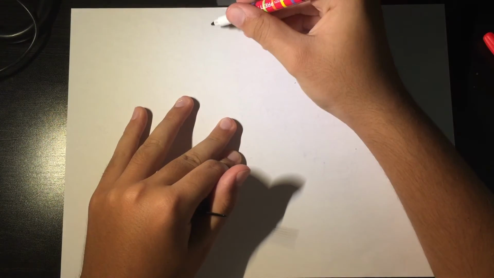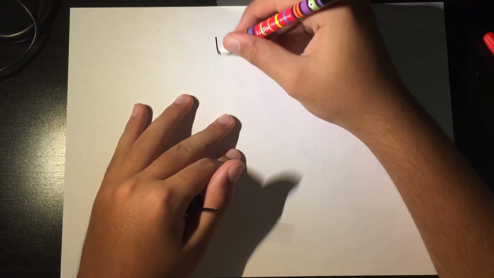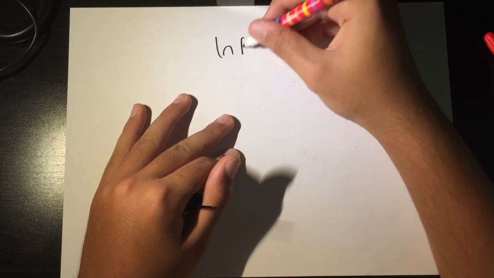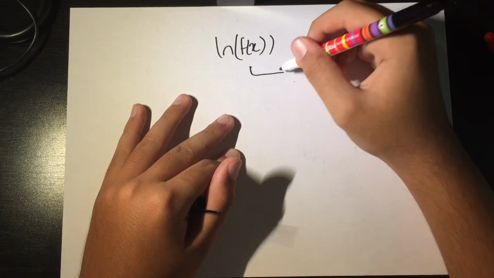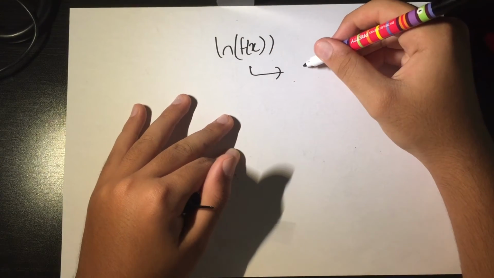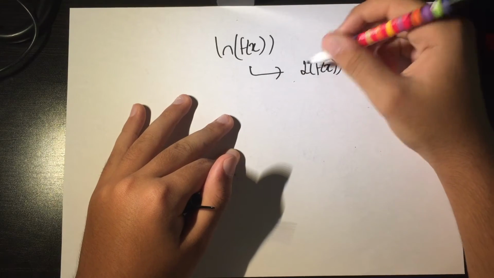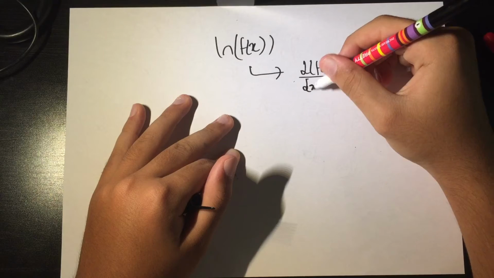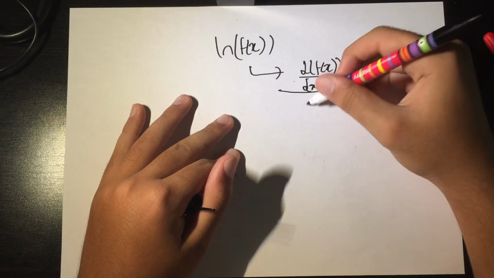So ln x, if you want to differentiate a function, natural log of f of x, we'll do it with the following formula. Derivative of f of x divided by f of x.